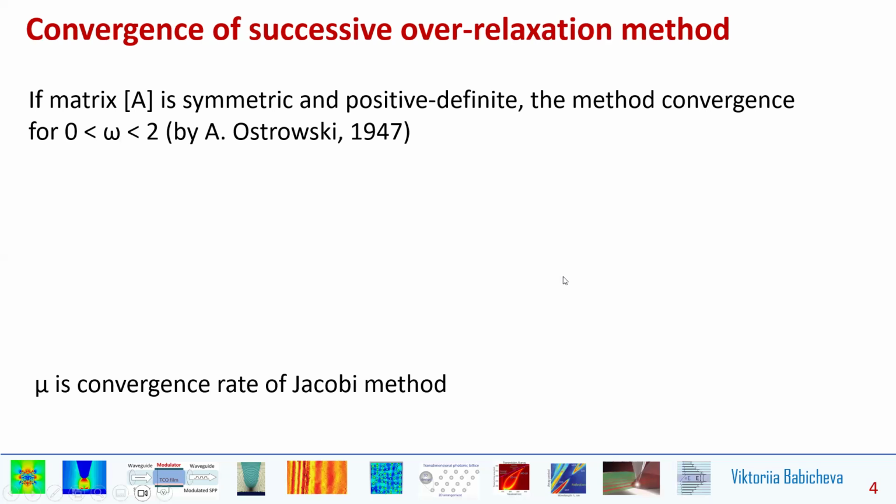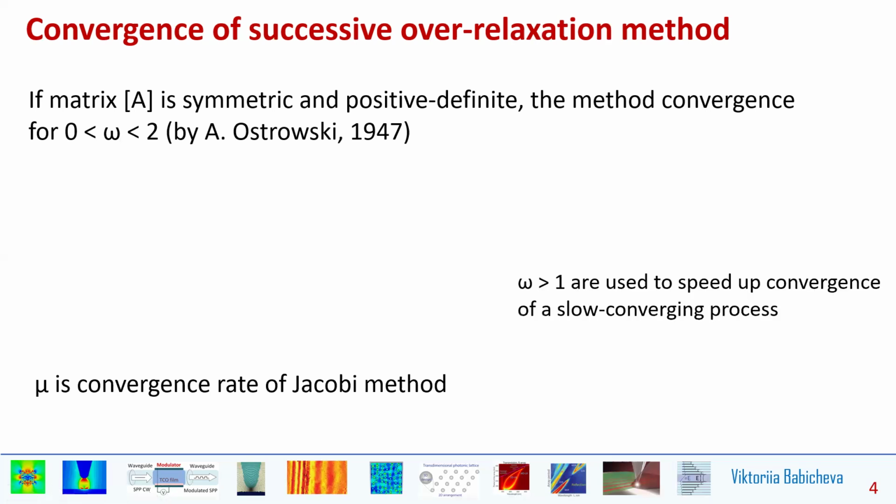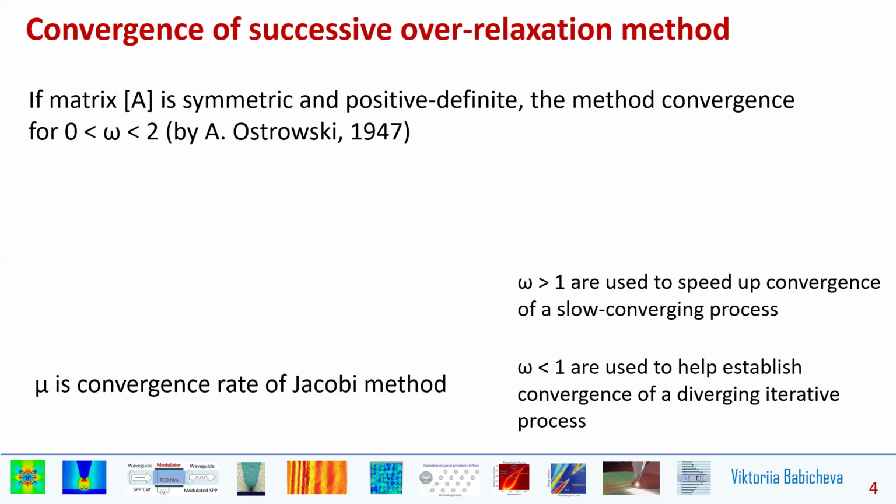And basically the optimal relaxation parameter is given by this expression, and also mu here is the convergence rate of the Jacobi method.